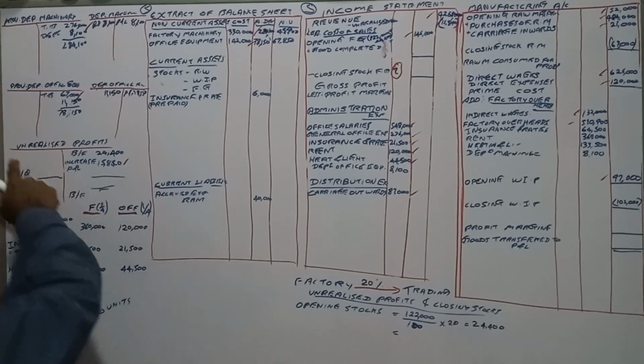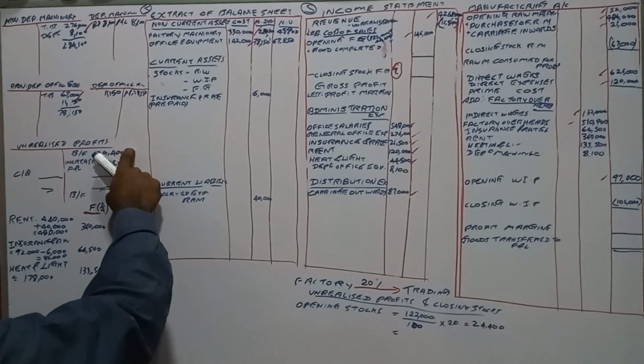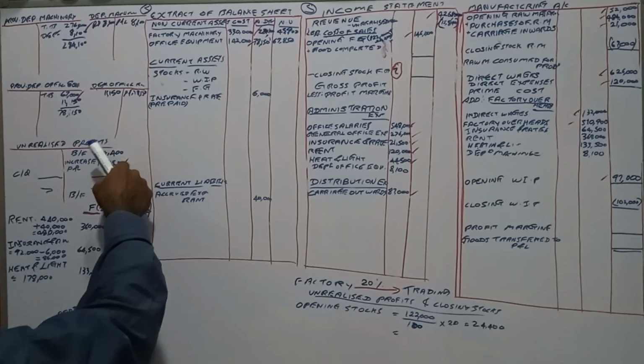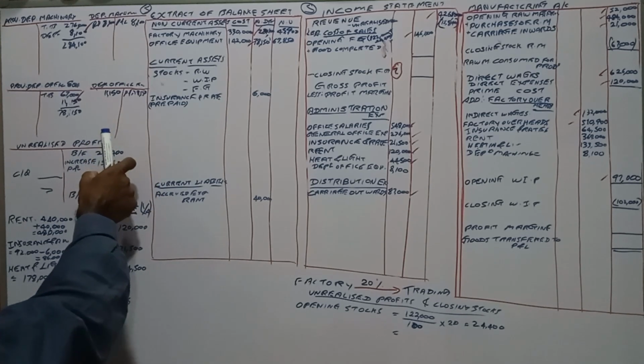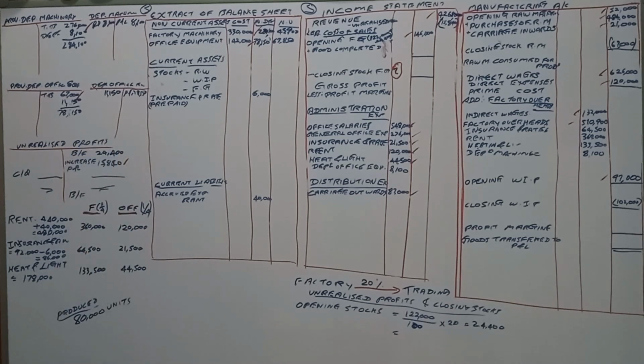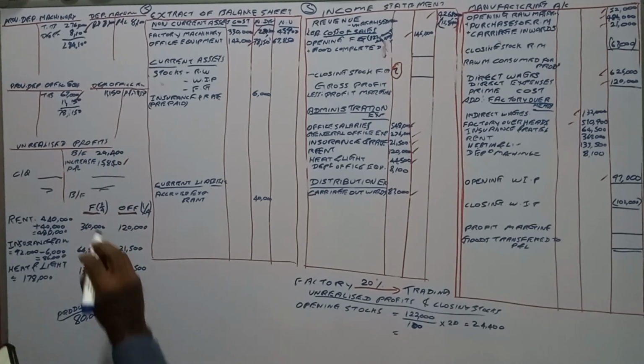Closing value of unrealized profit is the unrealized profit brought forward plus the increase in the unrealized profit.